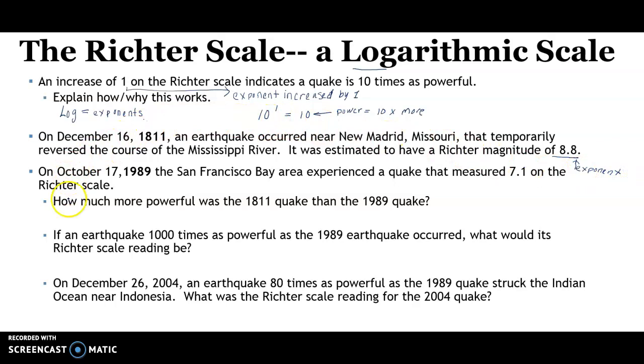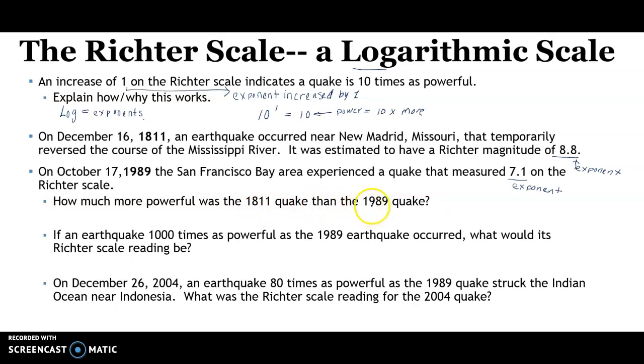More recently, but still a while back, on October 17, 1989, the San Francisco Bay Area experienced a quake that measured 7.1 on the Richter scale. So this is also an exponent because the Richter scale is a logarithmic scale. The question we're asked is how much more powerful was the 1811 quake than the 1989 quake?